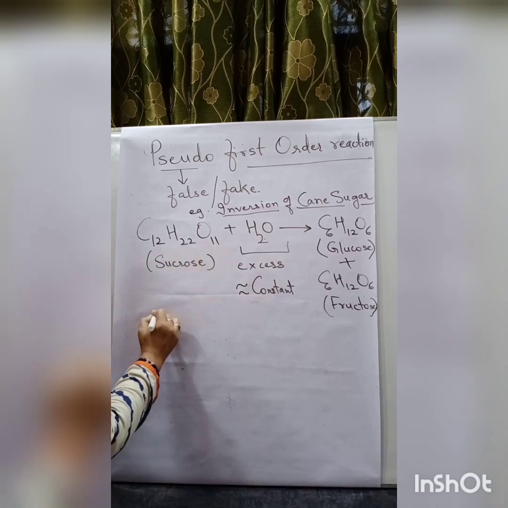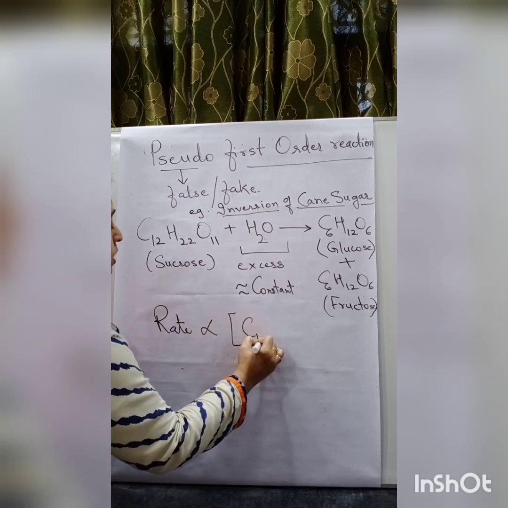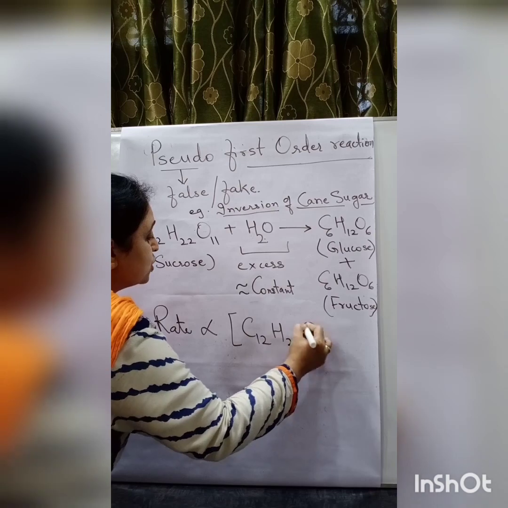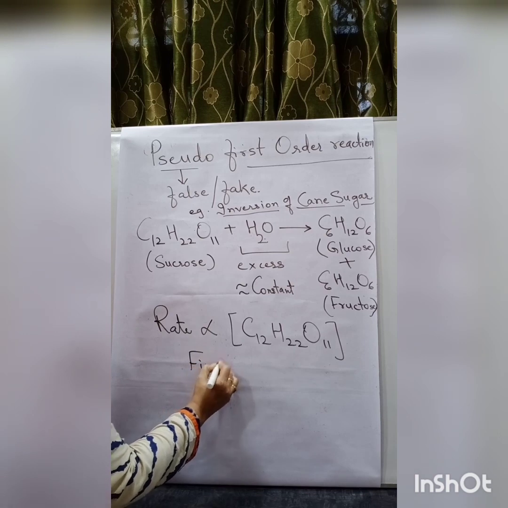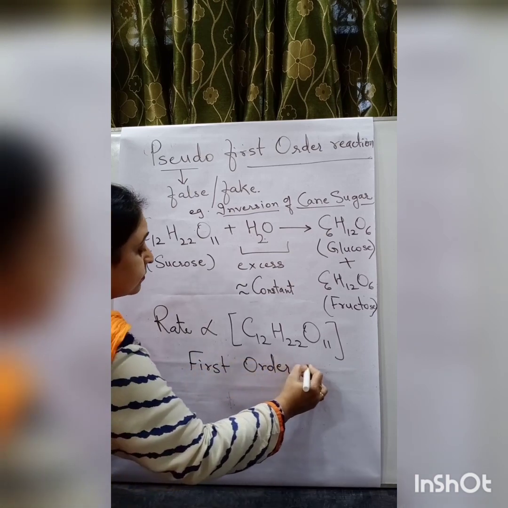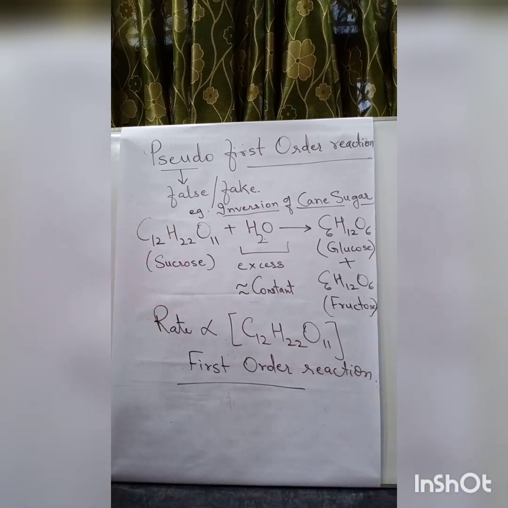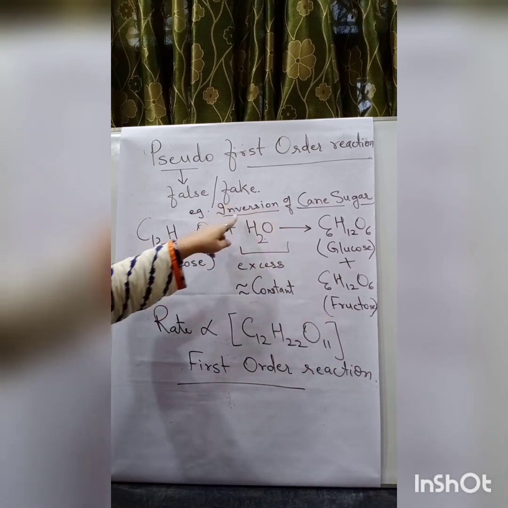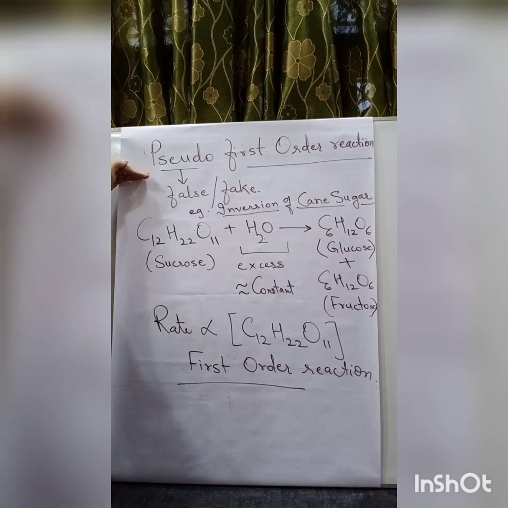So from this we can feel that the rate is proportional to the concentration of C12H22O11, and from this we can call it as first order reaction. So actually this is not a first order reaction, but it is made to appear like a first order reaction by increasing the concentration of one of the reactant which is present in large excess. These type of reactions are called as pseudo first order reaction.